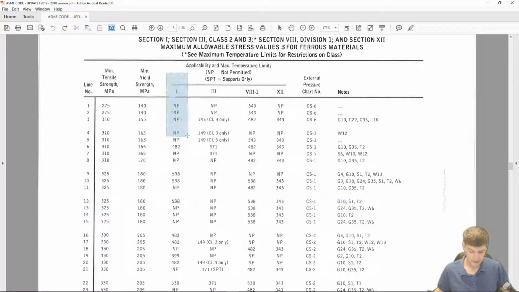So on line number 12, if I continue across, I'm going to take a look at my section 1 materials. All right, so it shows that on line number 12, my material is good up to 538 degrees Celsius, and I have a temperature of 400, so it's a suitable material for section 1 calculations. All right, so I'm going to keep on going.